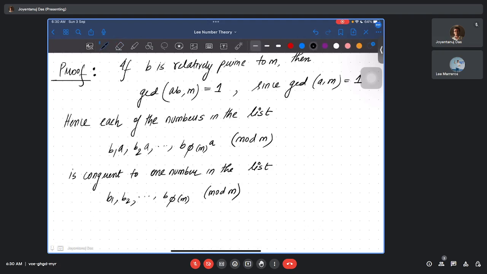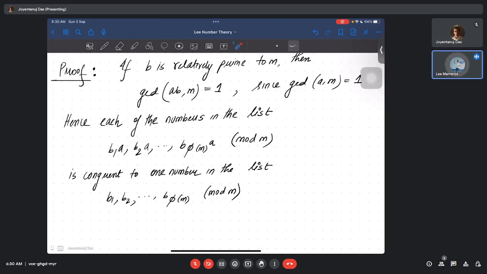This is true, since the product is relatively prime, so each of the numbers is relatively prime to M. But I know that this is the set of numbers that is relatively prime to M, which we have found first. So some number will be congruent to some number here in the list.